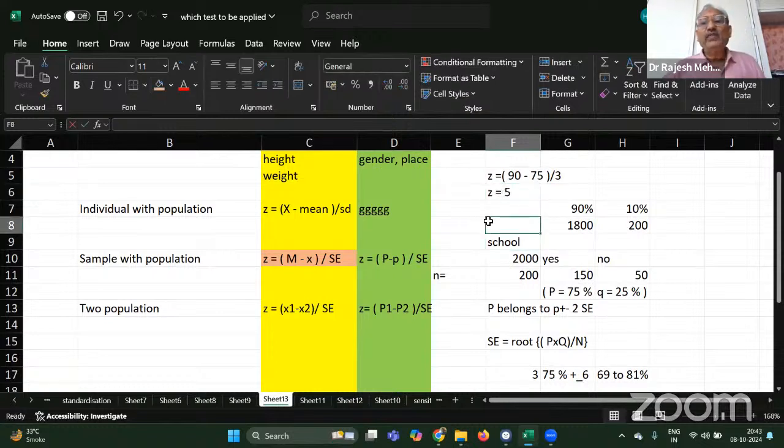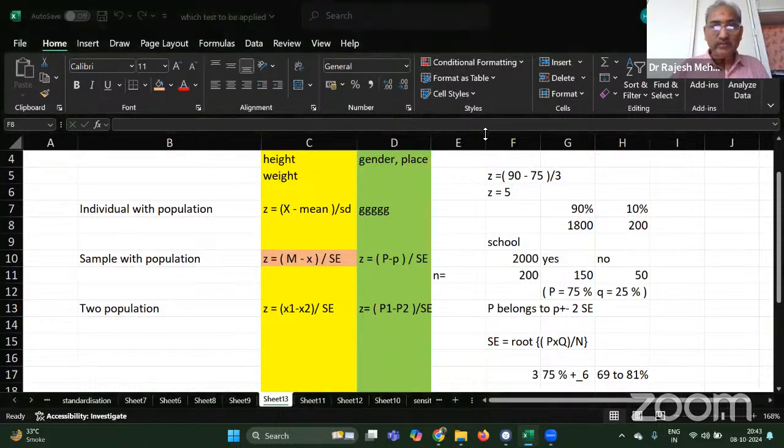If Z is equal to 5, what is your interpretation? Whether the sample is representative of the 2000 or not? Whether the sample of 200 belongs to the same population or not, whether this sample is a random sample or a biased sample? Tell me that.